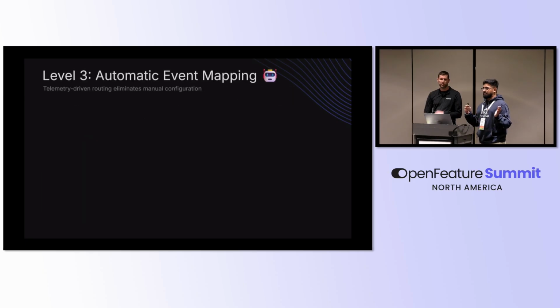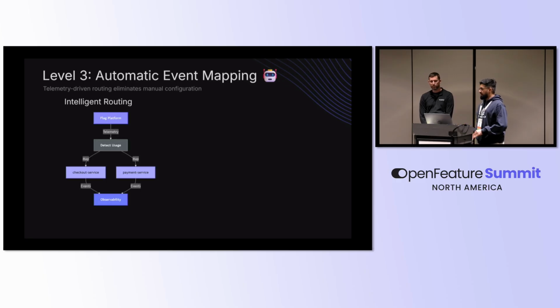So let's get into level 3, which is automatic event mapping of some sort. We're looking specifically at telemetry-driven routing, which eliminates the manual configuration. I'm not going to go into how you would set this up, because there are so many ways to do this. But the goal here is you check your services.